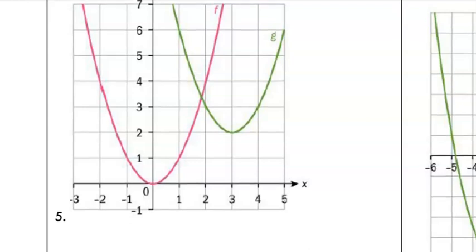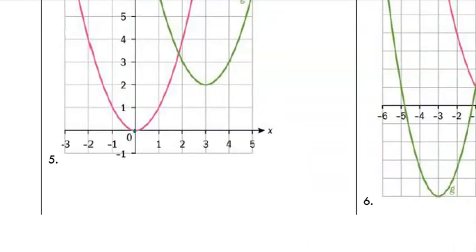Okay, so there's our point, there's our vertex. Let's go ahead and first figure out the movement of the vertex. So we've moved right 3 and up 2.